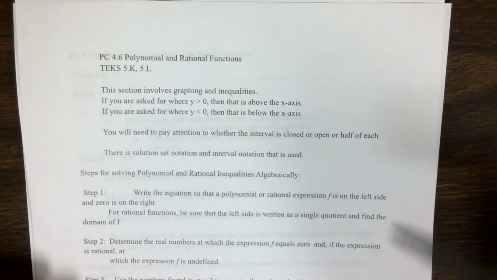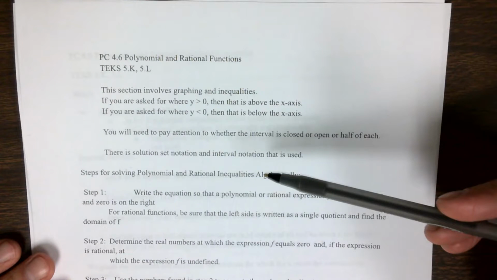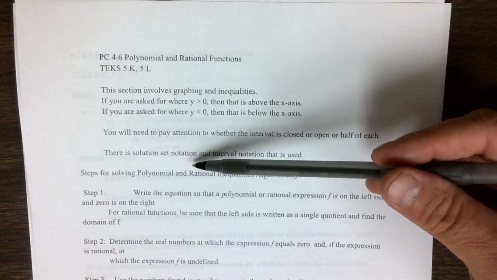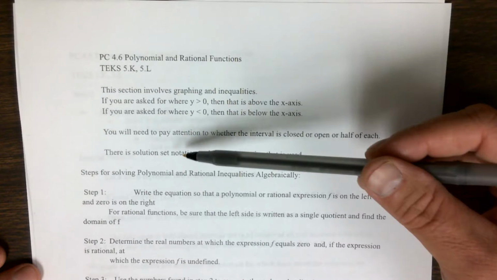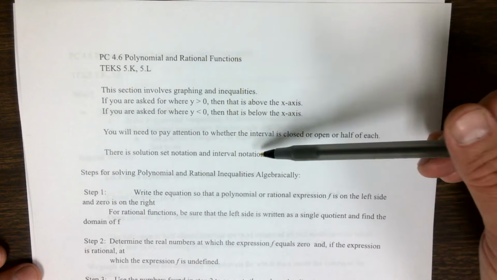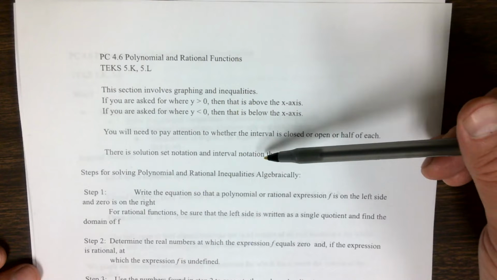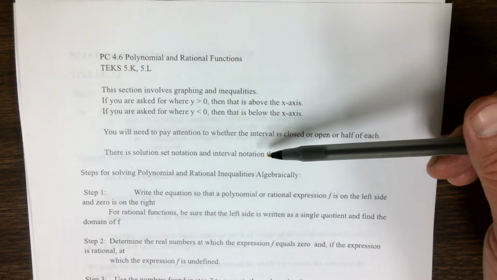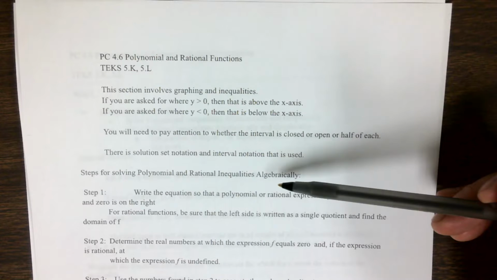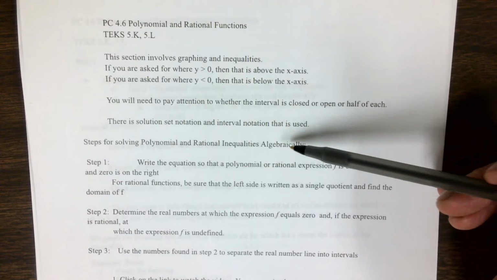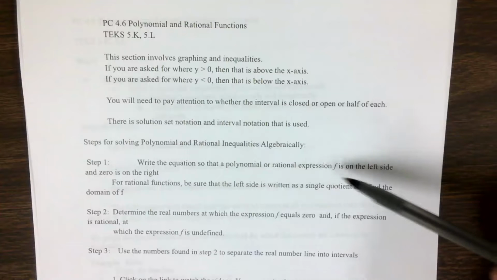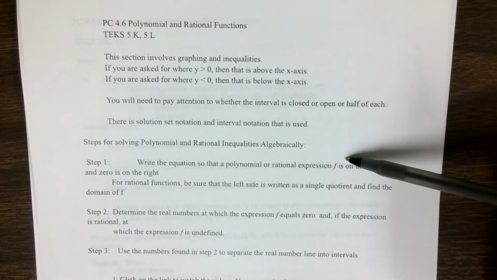You also are going to see something about solution set notation, where you have inequalities, and also interval notation with your unions and with your infinities and negative infinities. In general, your steps for solving them algebraically are: write the equation, so f is on the left side and 0 is on the right.